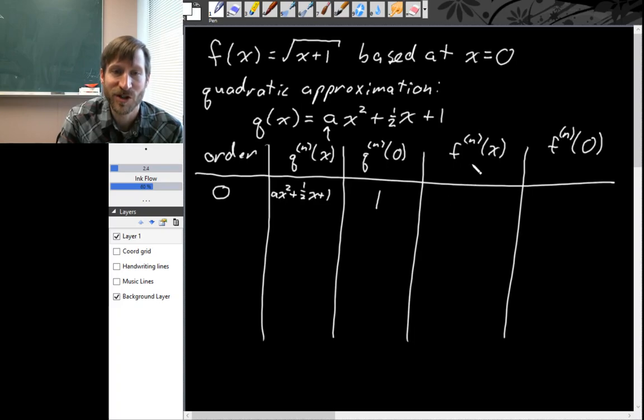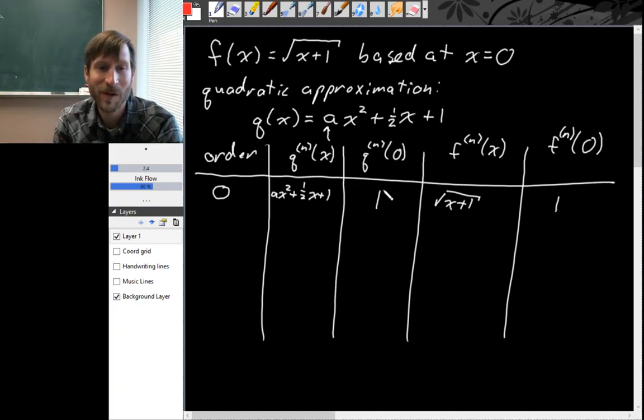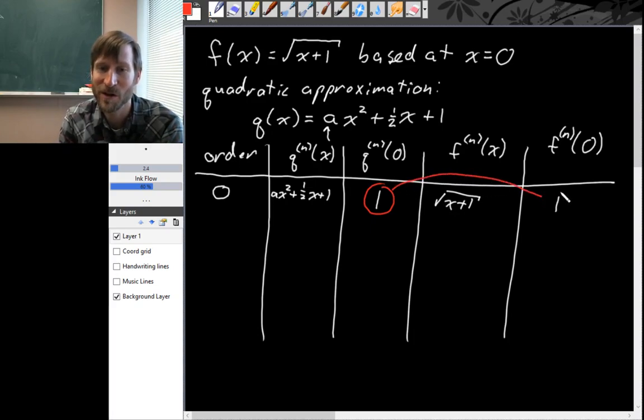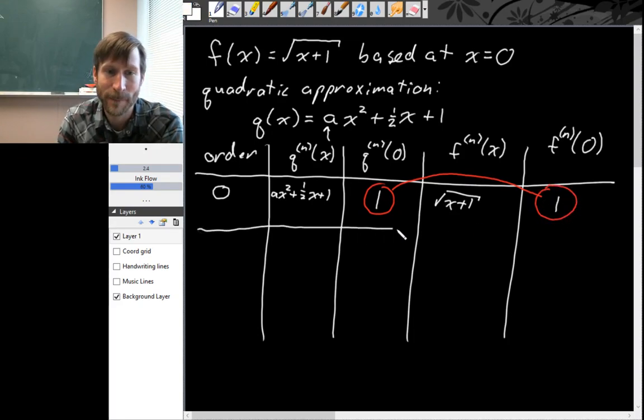Our original function with no derivatives is the square root of x plus 1. And when we evaluate that at the base point 0, we get just 1. And as we wanted, the 0th derivative of the polynomial at the base point is the same as the 0th derivative of the function at the base point.